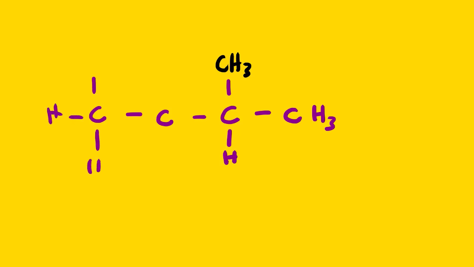Then we're going to have a new compound which is like this. For you to see, let me actually write this in black. This is the methyl that has actually shifted. Then we have our hydrogen here, and then the carbocation is here.